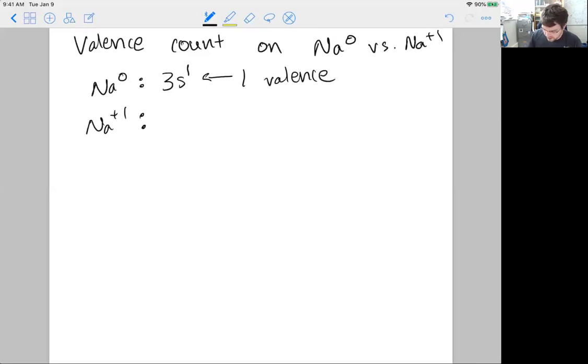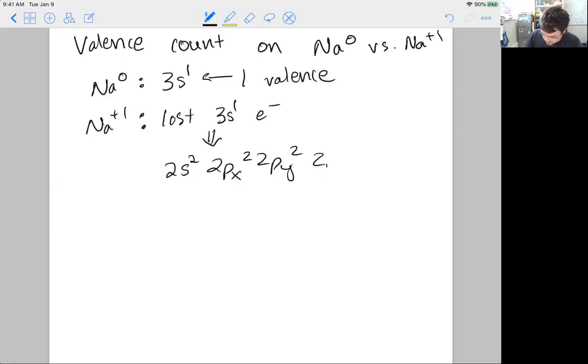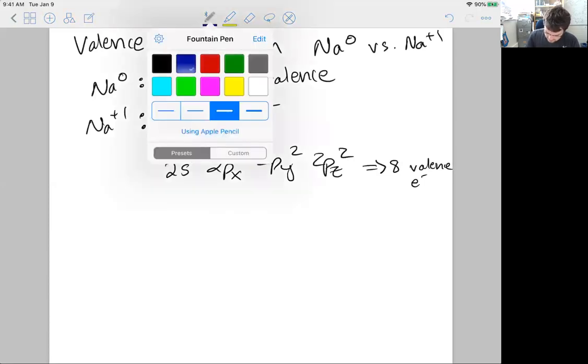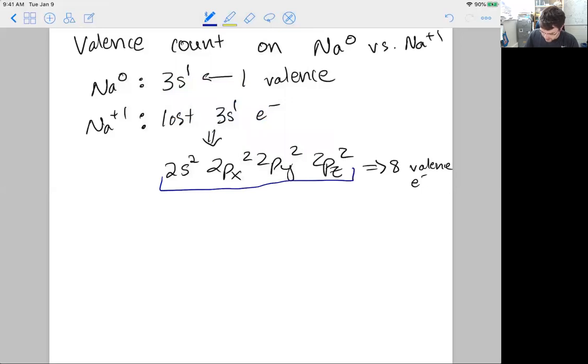So let's remind ourselves that we've lost the 3s1 electron. Now our valence electron configuration is 2s2, 2px2, 2py2, 2pz2. And if you look, we now have 8 valence electrons, and this configuration matches neon.